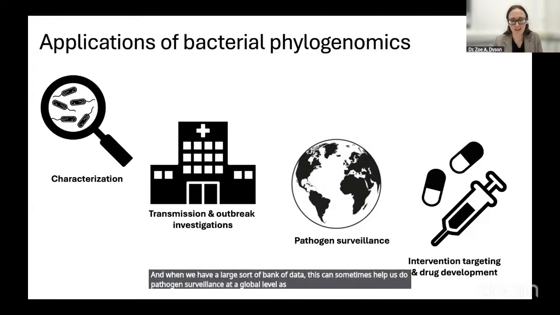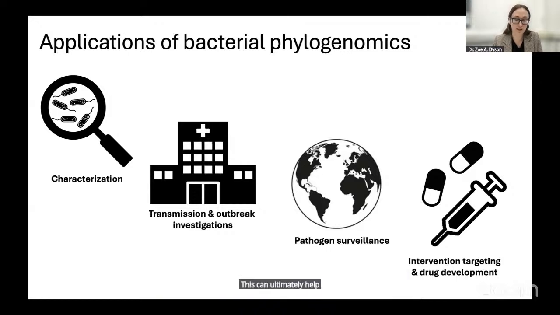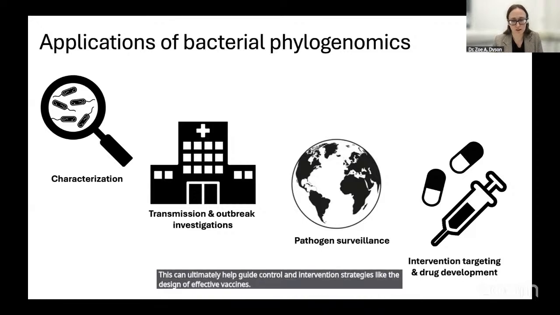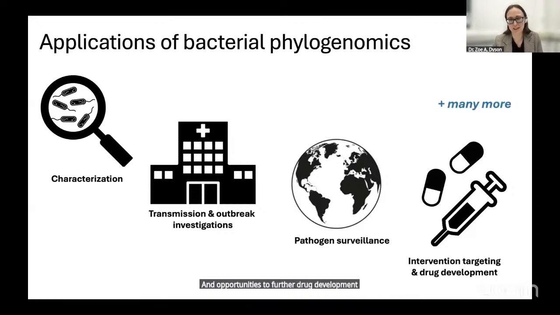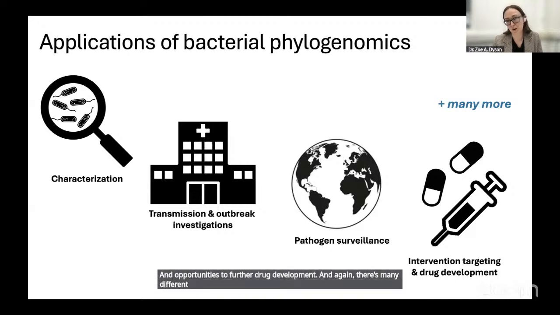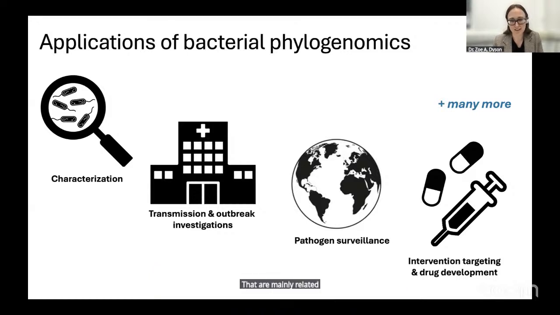If we understand which locations have high burden of disease and we understand what serotypes are circulating there, this can ultimately help guide control and intervention strategies like the design of effective vaccines and opportunities to further drug development. And again, there's many different uses for phylogenomics that you might have, but this is just to outline a few potential opportunities that are mainly related to the pathogen space.